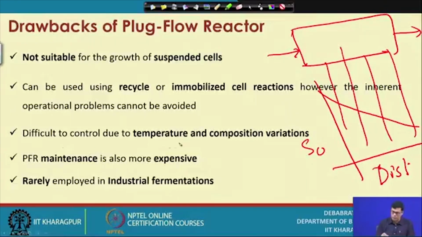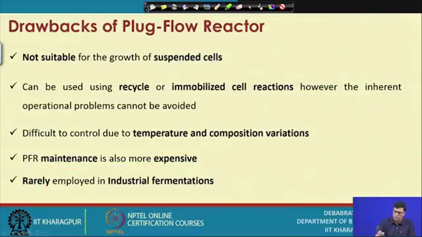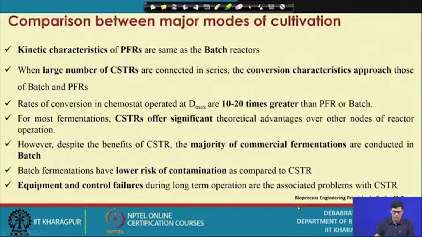It is difficult to control the temperature because there is no agitation, so the heat transfer will not be proper, and I showed you how the composition variation is there. Plug flow maintenance is also more expensive and it is rarely employed for industrial purposes. So plug flow reactor is rarely used.